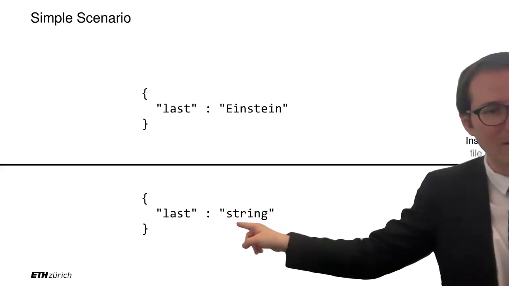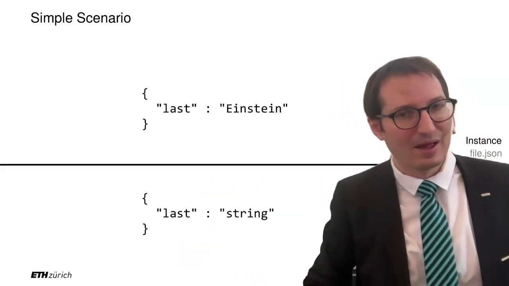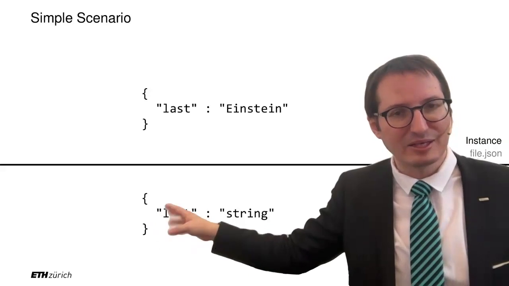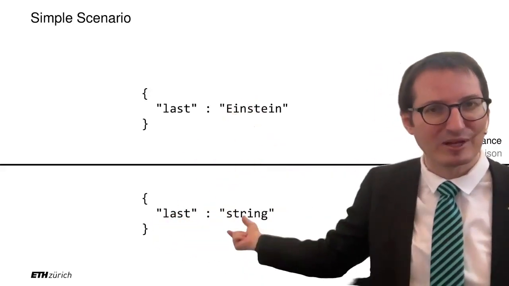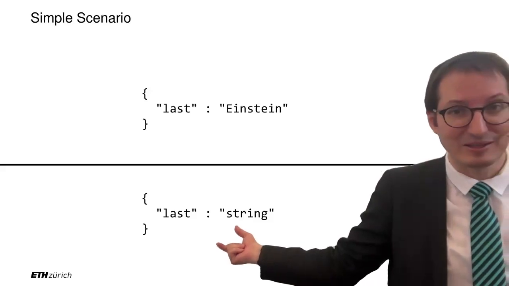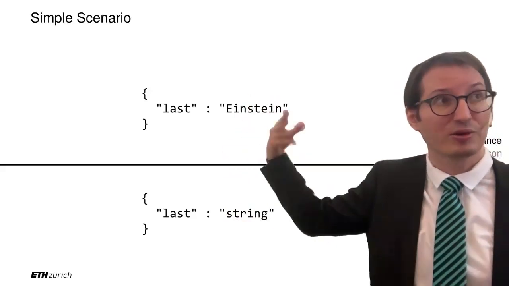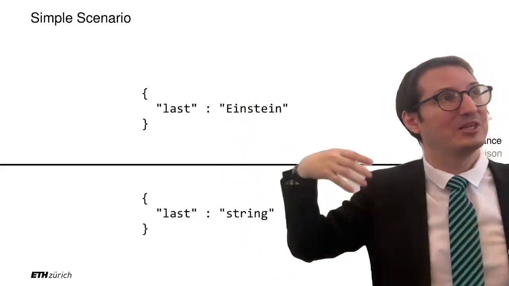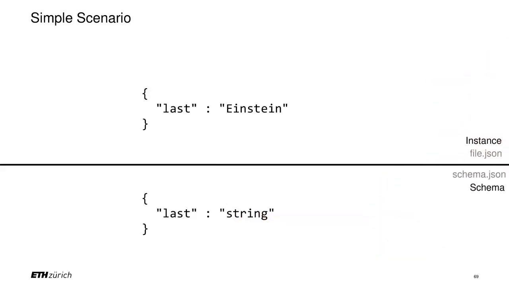So you put it here, and it means this is accepting an object such that if it has a key called last, then the value must be a string. Is this document valid against that schema? Yes, right? It is valid because this is a string. It doesn't have to be a string, but it can be turned into a string. So this is indeed valid.